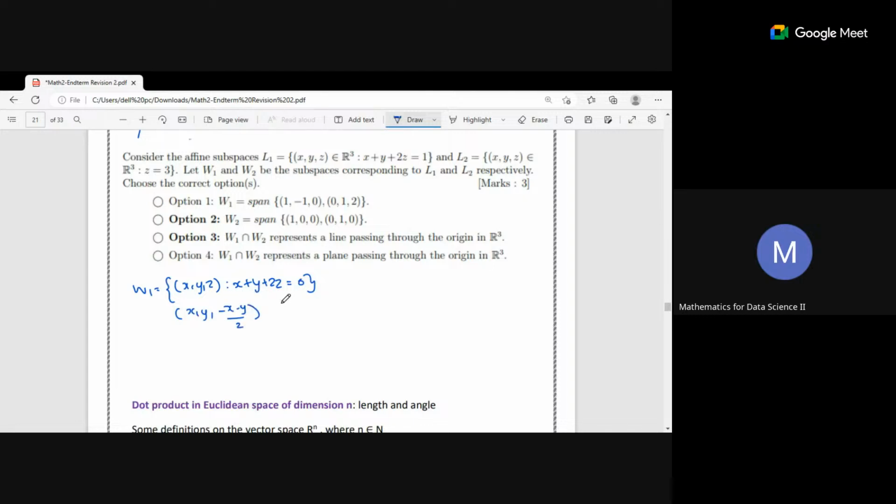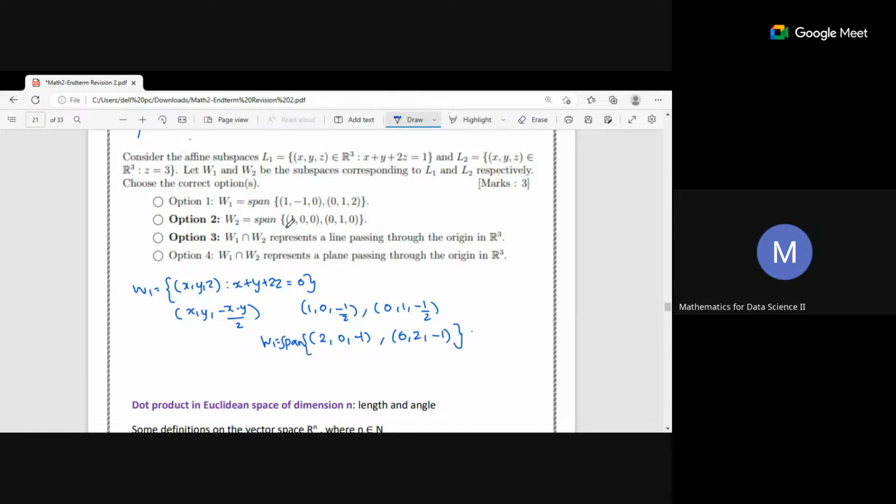Instead of z, you have minus x minus y by 2. So the basis elements you will have are 1, 0, minus 1 by 2 and 0, 1, minus 1 by 2. Getting rid of the fractions, you get 2, 0, minus 1 and 0, 2, minus 1. So W1 is the span of these two vectors.